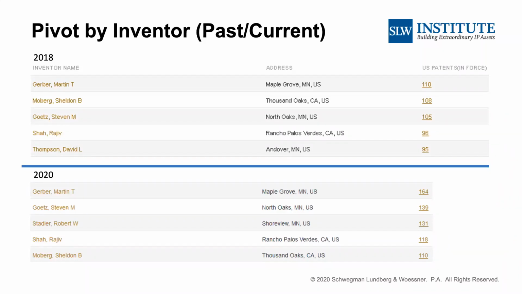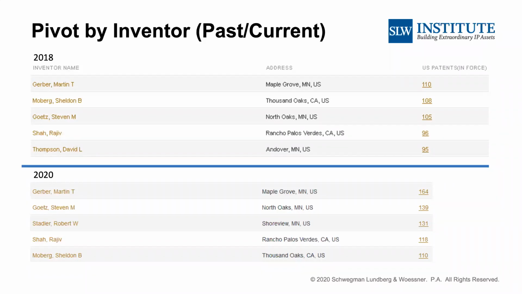But especially if you're doing due diligence or a comparison of one company versus another, you can simply look at the migration of inventors. Various inventors are key to a lot of corporations' patent portfolios, and you can see the rise and fall of these inventors and their prolificity.